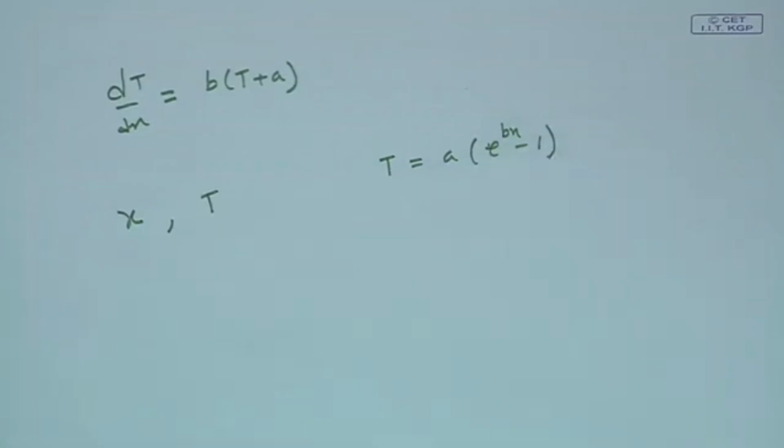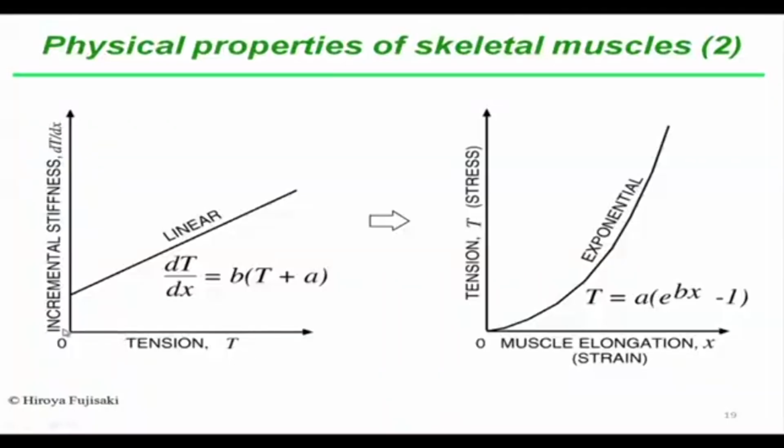So, if I elongate the muscle, how much tension will be created depends on this equation. And the incremental tension is dT/dx is equal to b into T plus a.